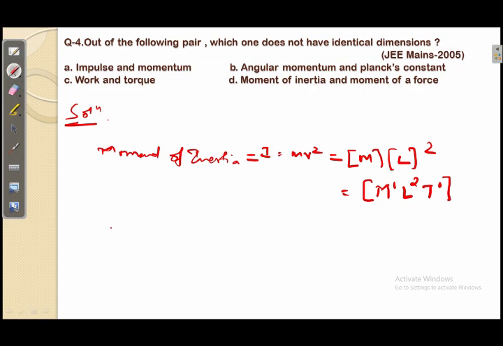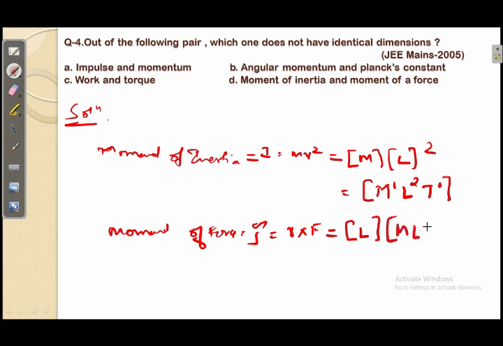Come to the moment of force. Moment of force is nothing but the torque, having the formula r into F or F into r, that is force into distance. Distance has the dimension formula L, and force has the dimension formula M L T raised to minus 2.